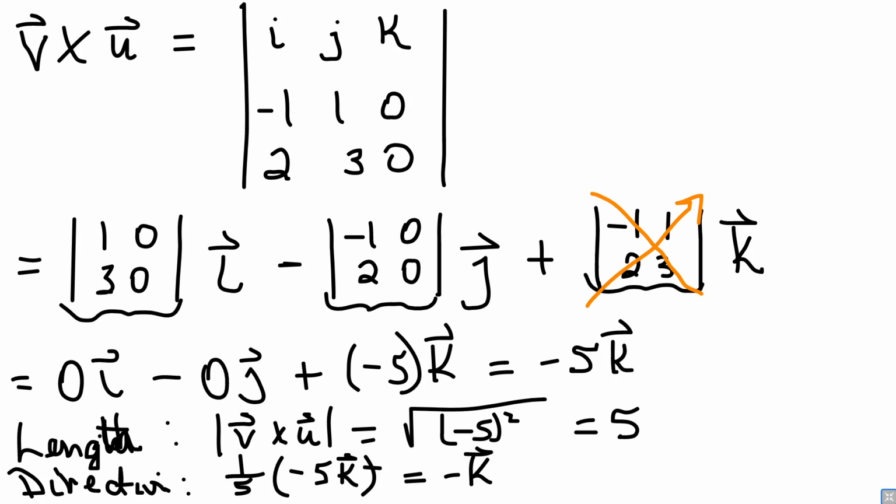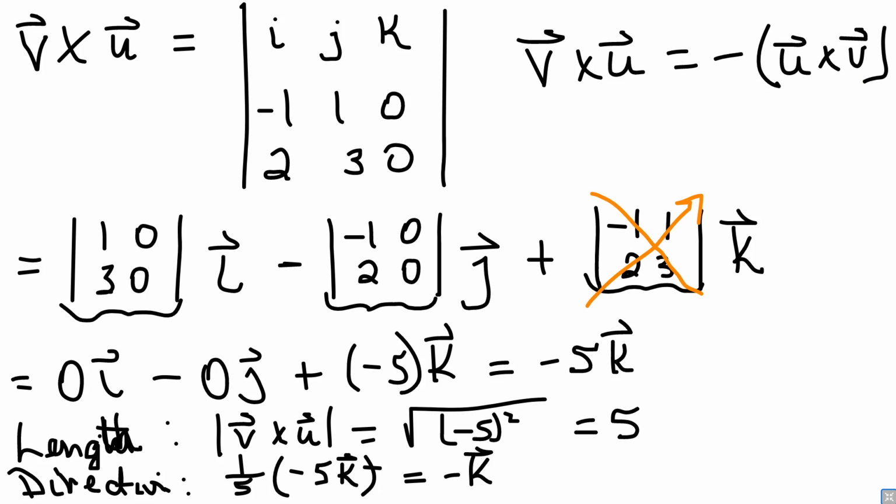Now, this is important because what it tells us is the following. If I'm looking at v cross u, it's equal to the negative of u cross v. Any questions?